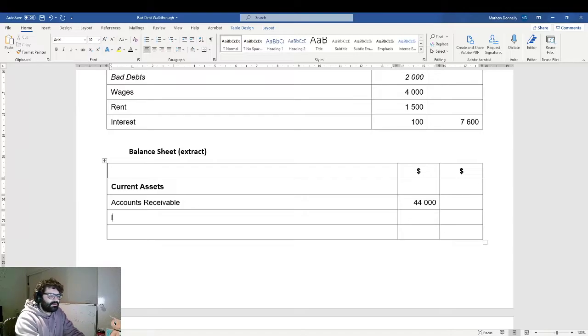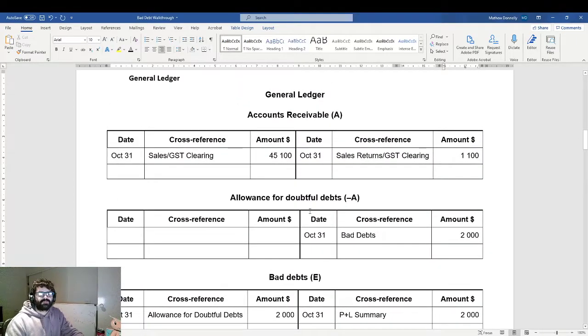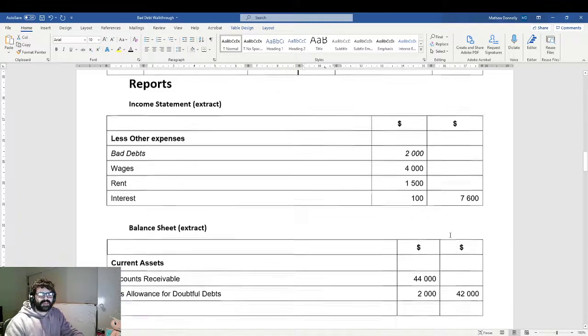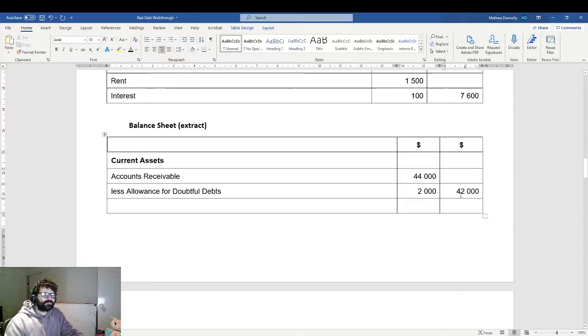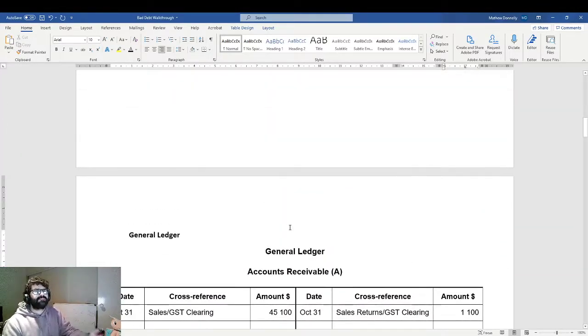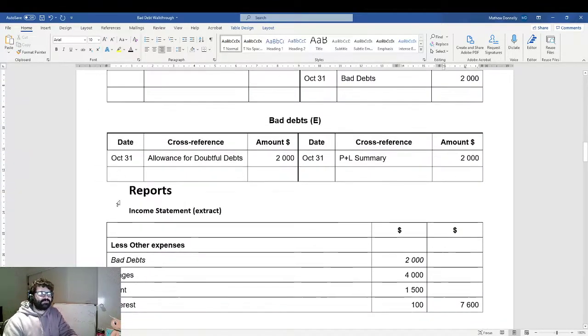And then we go less allowance for doubtful debt 2,000, and it becomes 42,000. It's just that simple. So we see here 44,000 less the 2,000 becomes 42,000. So that's the very basic way of how we record this.